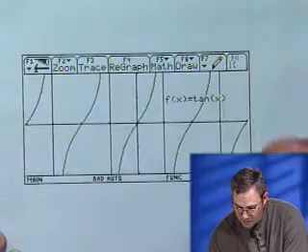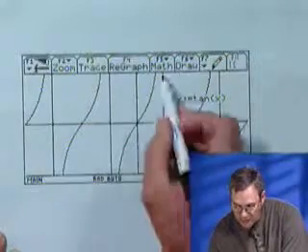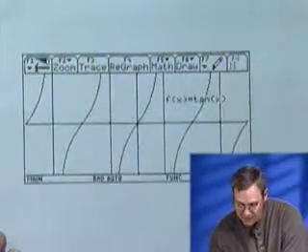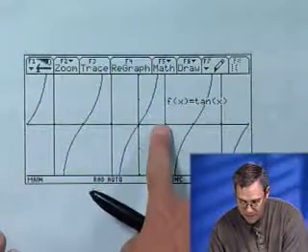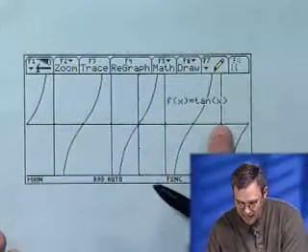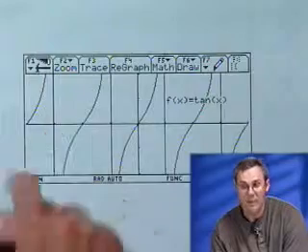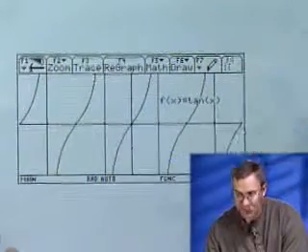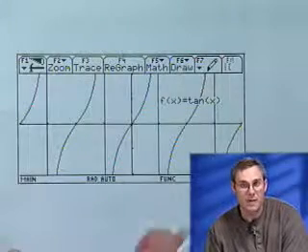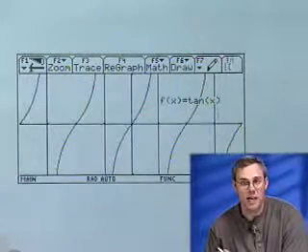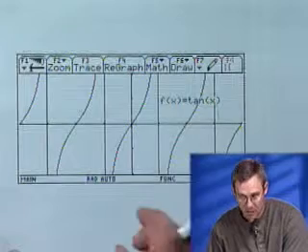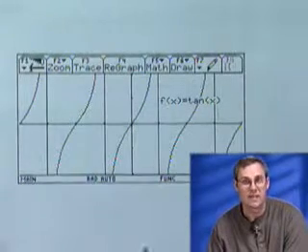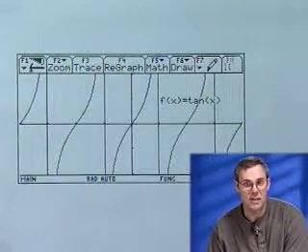They don't actually appear when you graph it. These are actually imaginary lines. So notice where they are: pi halves, 3 pi halves, negative pi halves, negative 3 pi halves, etc. Okay? So these are the graphs that you have to memorize. You have to be able to graph sine x. You have to be able to graph cosine x. You must be able to graph tangent x. Okay? So practice graphing these things until you have them memorized.